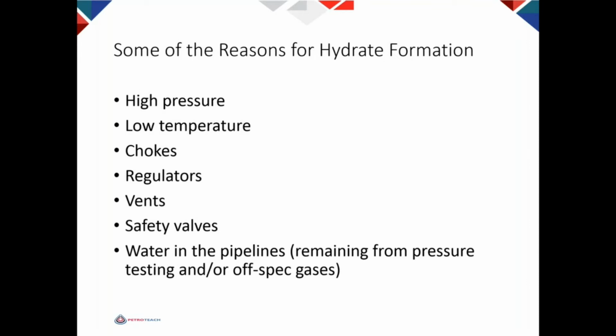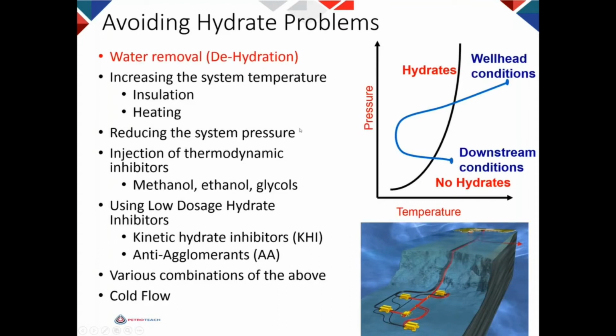Water in the pipeline remaining from pressure testing or off-spec gases can all result in hydrate formation. There are many more cases, but these are just examples of where you have to look for hydrate, where the risk of hydrate is maximum. So how do we prevent hydrate formation?